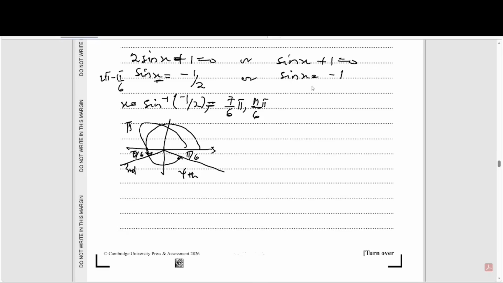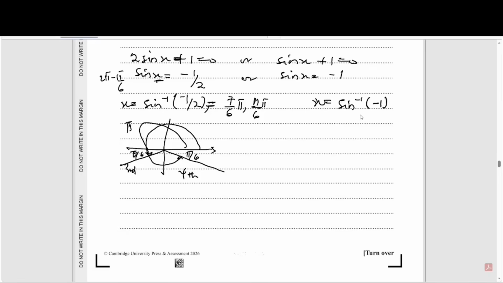Now next is sine x equals negative 1. Once again, you can decide to point the positive part only, so that your answer will not be negative, which will be outside the range, the domain. So x is equal to sine inverse of negative 1.